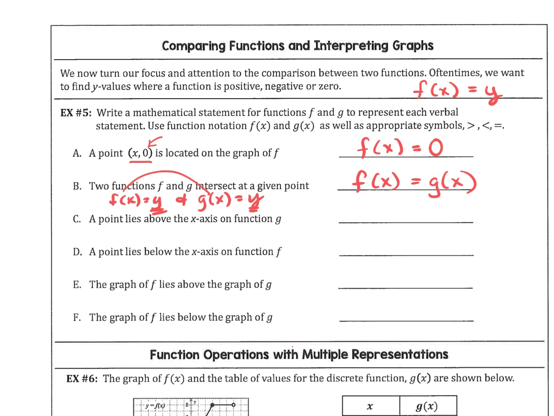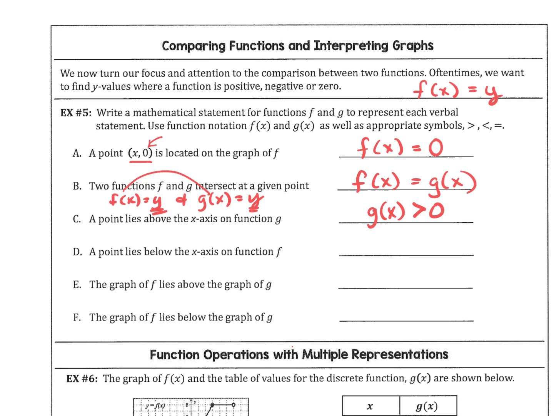What do we know about all the y values above the x-axis? They're all positive. Okay, so what does that mean? We can't just write g of x is positive. How do we write that in math speak? Positive means it's greater than what? Ah, and that's how we say it. We say g of x is greater than 0.